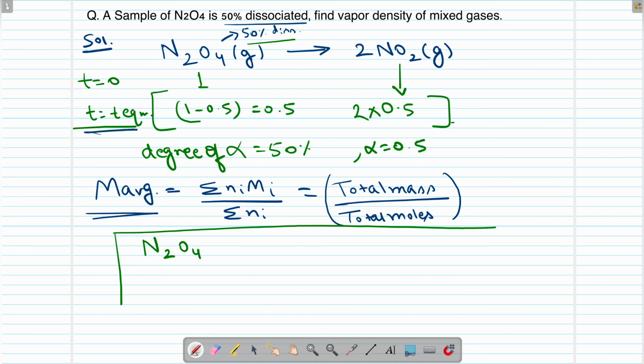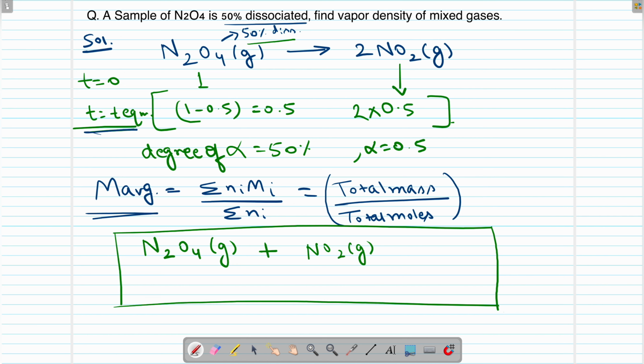We have 0.5 moles for N2O4, whereas 1 mole of NO2, right? So this is at equilibrium.